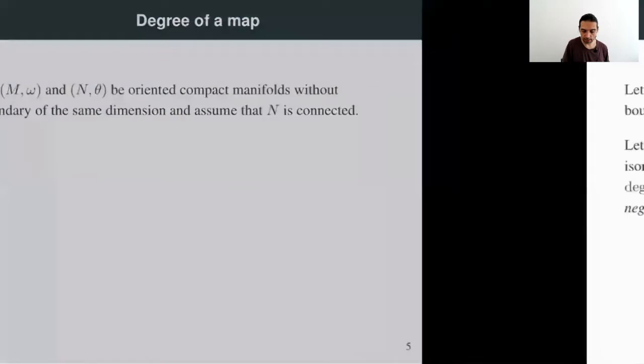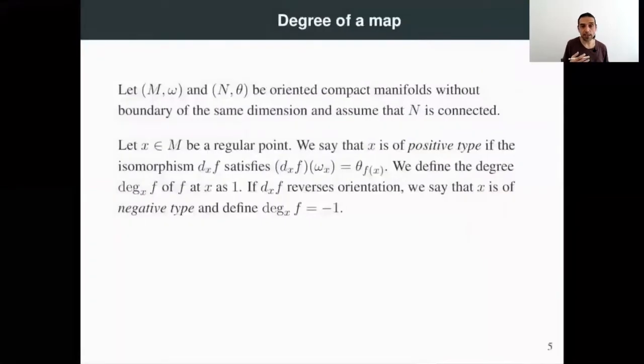Okay. And now let x be a regular point. A regular point is a point in which the differential of f at x is surjective by definition. But since M and N have the same dimension, a regular point is a point in which the differential is an isomorphism. So we can actually ask whether or not the differential preserves orientation.